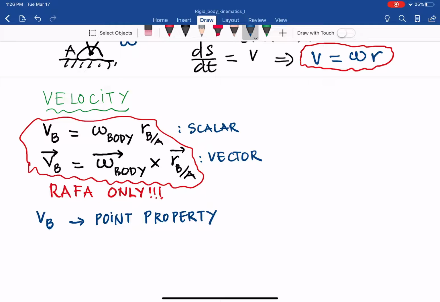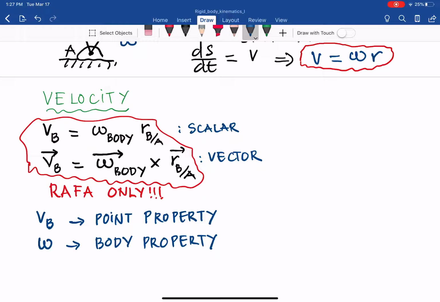But omega is a body property, so you don't have to specify any point for the omega. It applies to the whole body. What does that mean? Any point on that body will have the same omega. That's why they call it body property. Any point on that body does not necessarily have the same velocity.